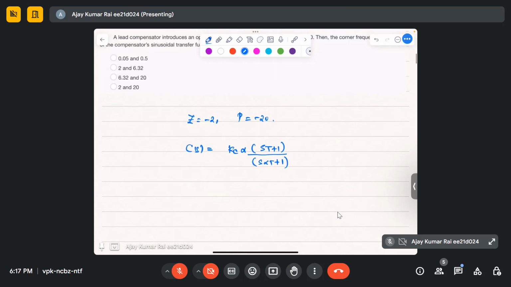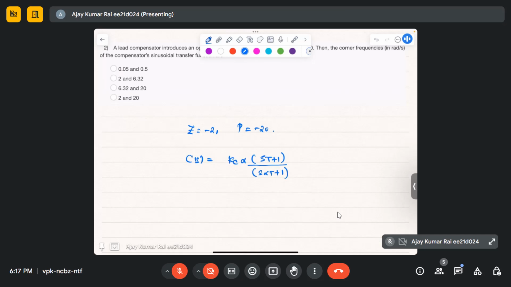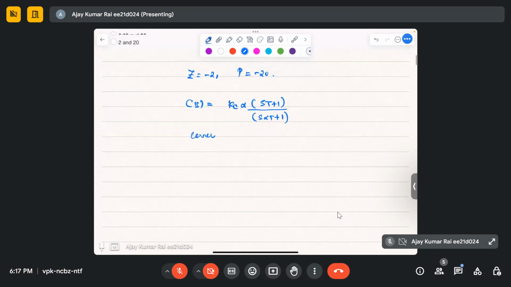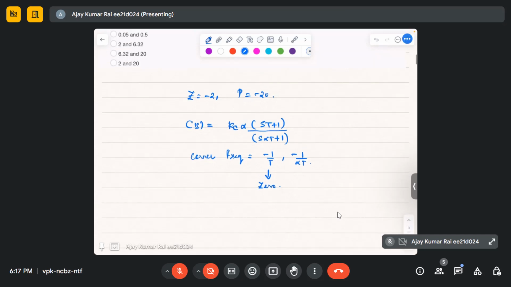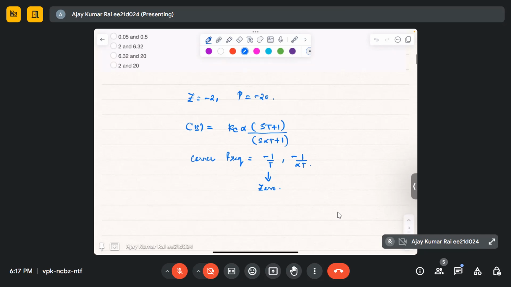The corner frequencies are 1 by T and 1 by alpha T.